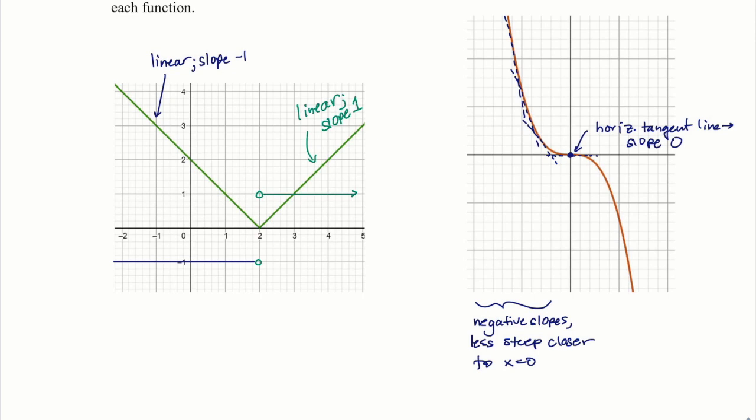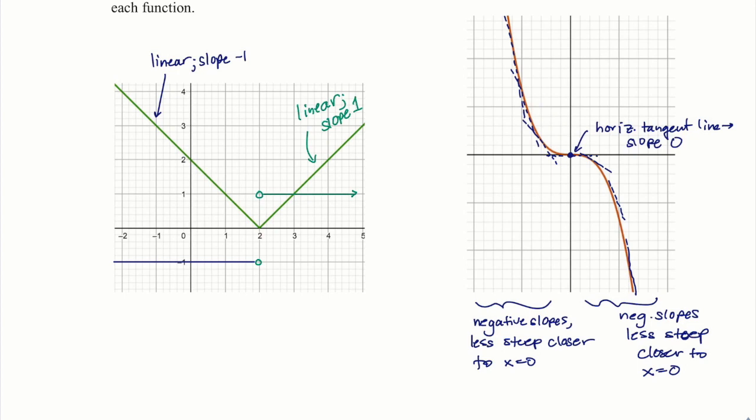And then on the other side, again, we have negative slope. Whoops, that's not very tangent, but negative slope and negative slope. So here again, we have negative slopes. And similarly, they are less steep closer to x equals 0.